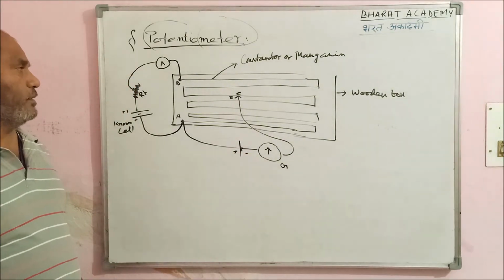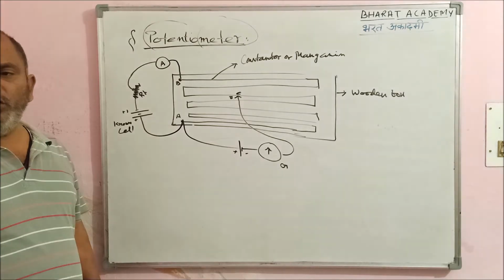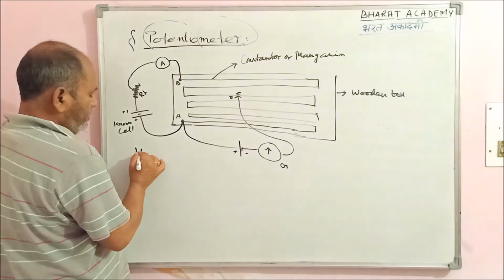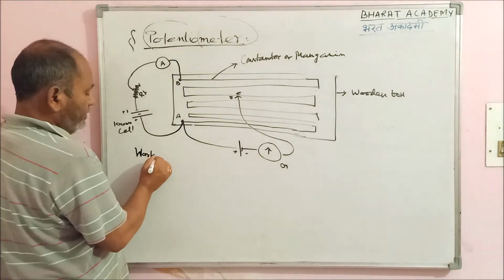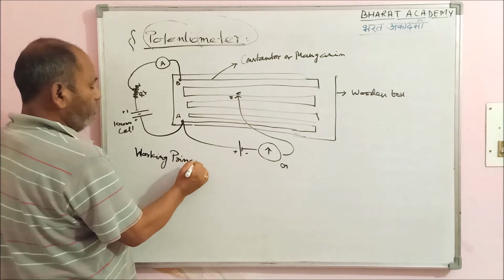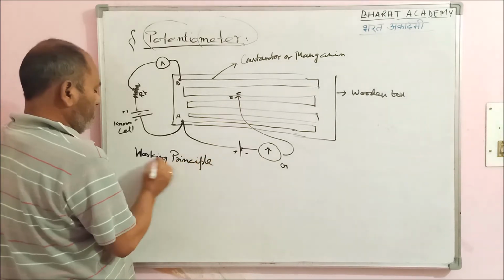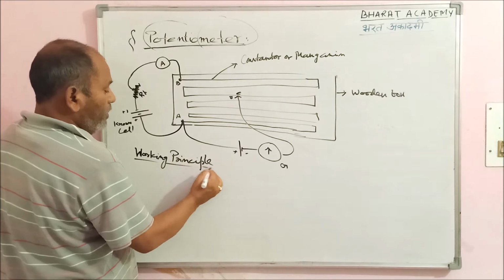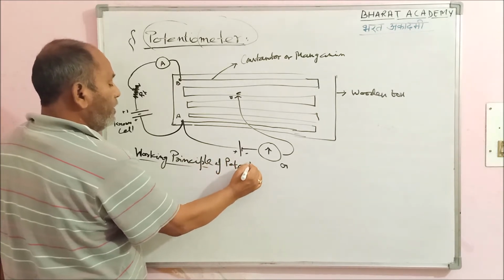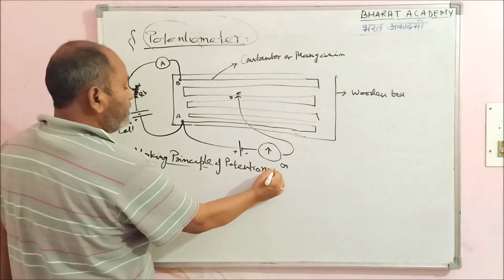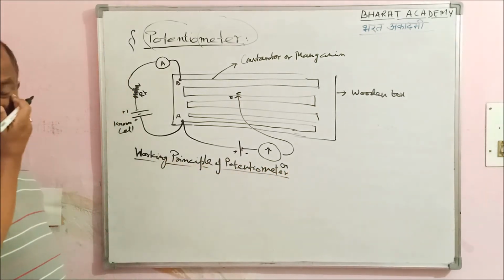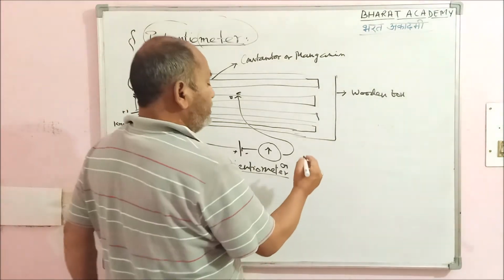Before starting it, we will try to find out what is the working principle. This is the actual principle on which this is based. Working principle of potentiometer. So this principle originates from Ohm's law.